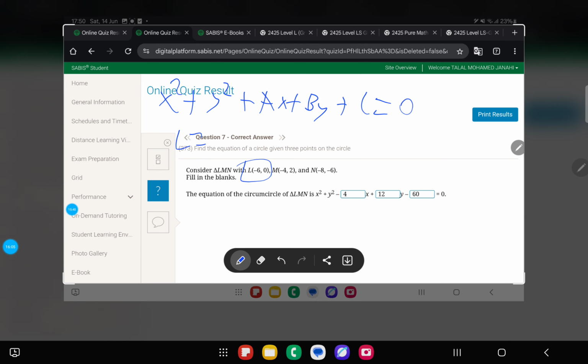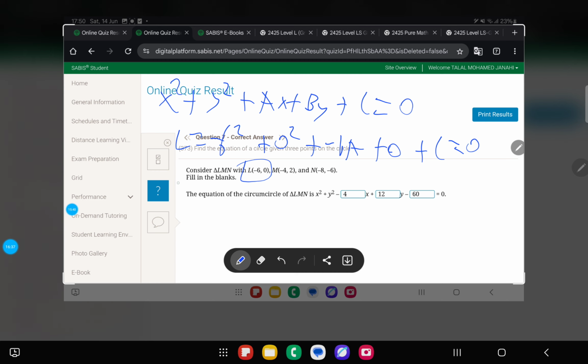For L, x is negative 6, so negative 6 squared plus y squared, which is 0 squared, plus ax, so negative 6a, plus by, you multiply it by 0, which is just 0, so you don't put it, plus c equals 0, right?